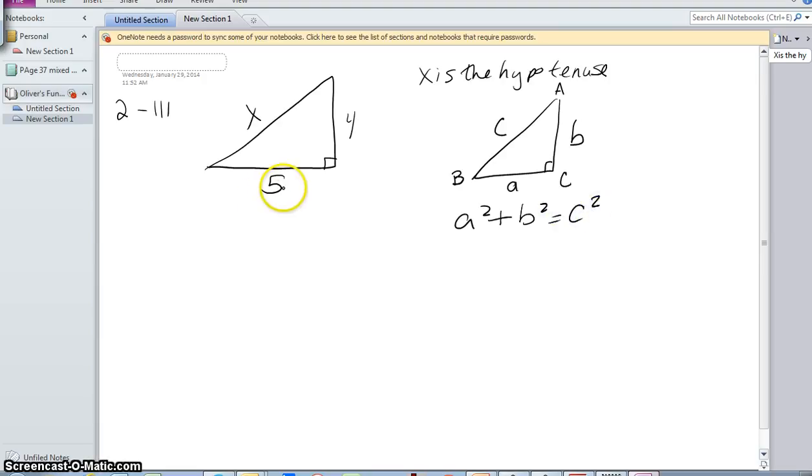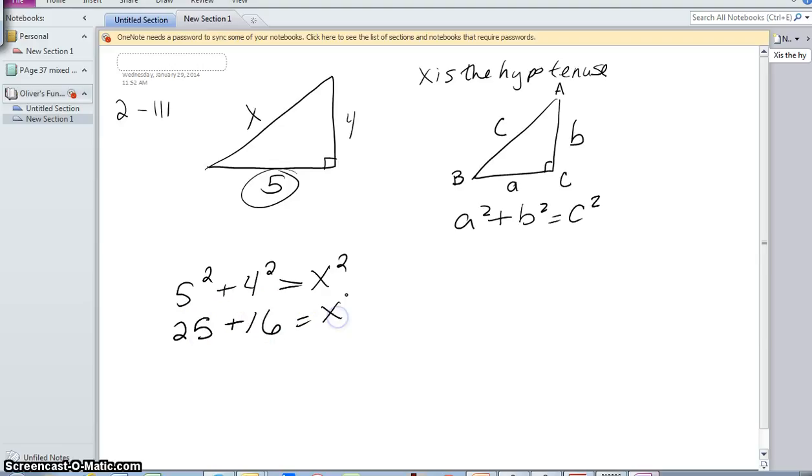So here, let's replace A and B and C. 5 squared plus 4 squared equals x squared. And we know the square of 5, we know the square of 4. We know how to add 25 and 16. And we're looking for the square root of 41 as a value for x.